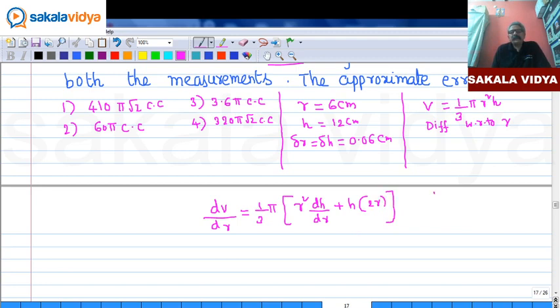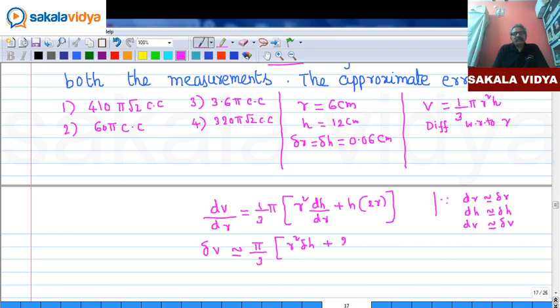So multiply with, here remember dr, dh, dv approximately equal to delta r, delta h, delta v. So now we can write delta v approximately equal to pi by 3 into r square into delta h, because delta r gets cancelled, plus 2hr into delta r.